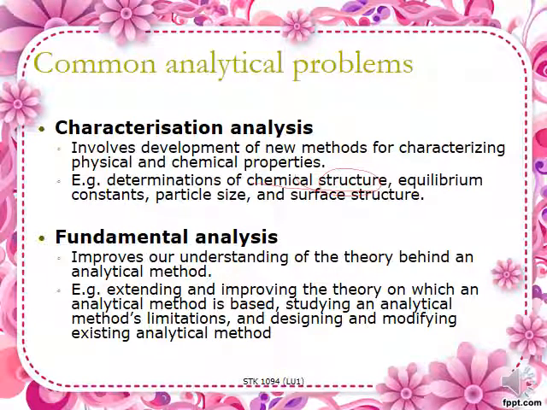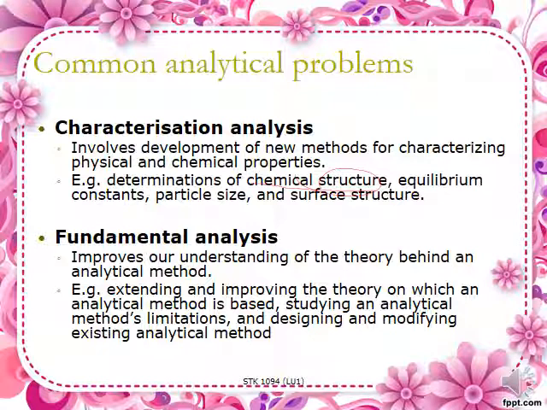This will involve the usage of high-end instrumentation, like in qualitative analysis just now, in which we use FTIR to measure the functional group, and NMR to identify the structure based on proton and also carbon.